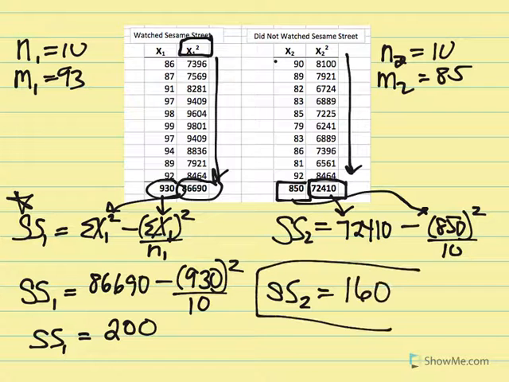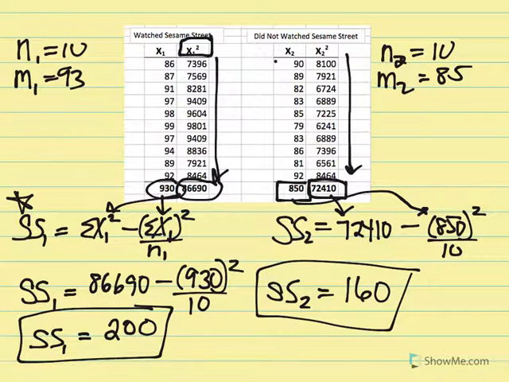So now we have the sum of squared deviations for both distributions. We're going to need that to calculate our pooled variance so that we can then compute the estimated standard error of the mean difference and also enable us to calculate our T statistic. So again, these values were given, but this slide hopefully clarifies where those values are coming from.